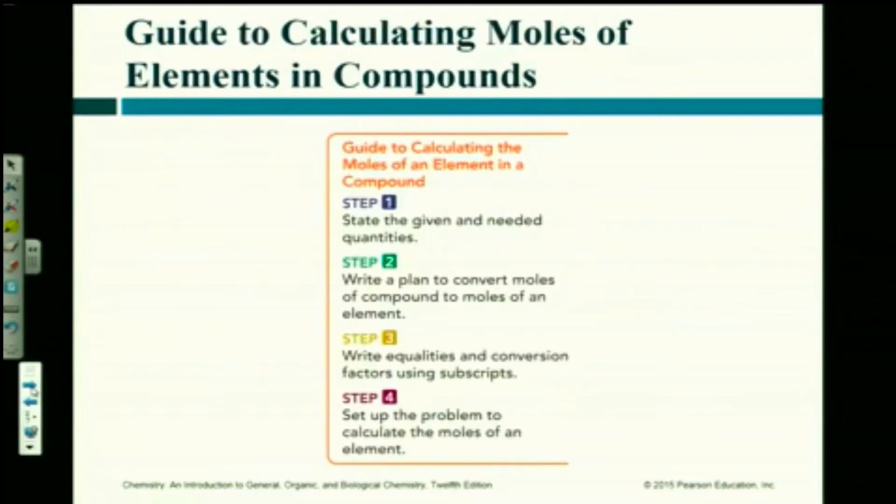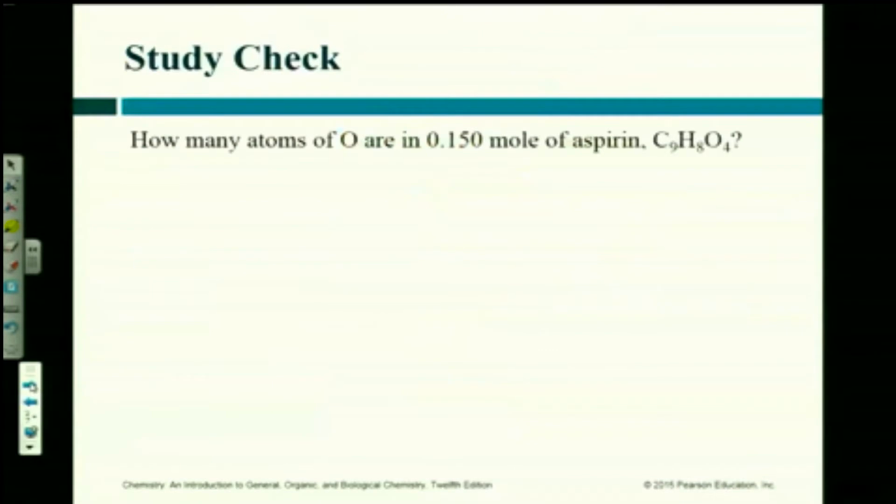So, let's look at a problem. How many atoms of oxygen are in 0.150 moles of aspirin? Now I'm going to tell you, I want you guys to try to work on this. This is not an easy problem for most of you right now. This is a two-step conversion.